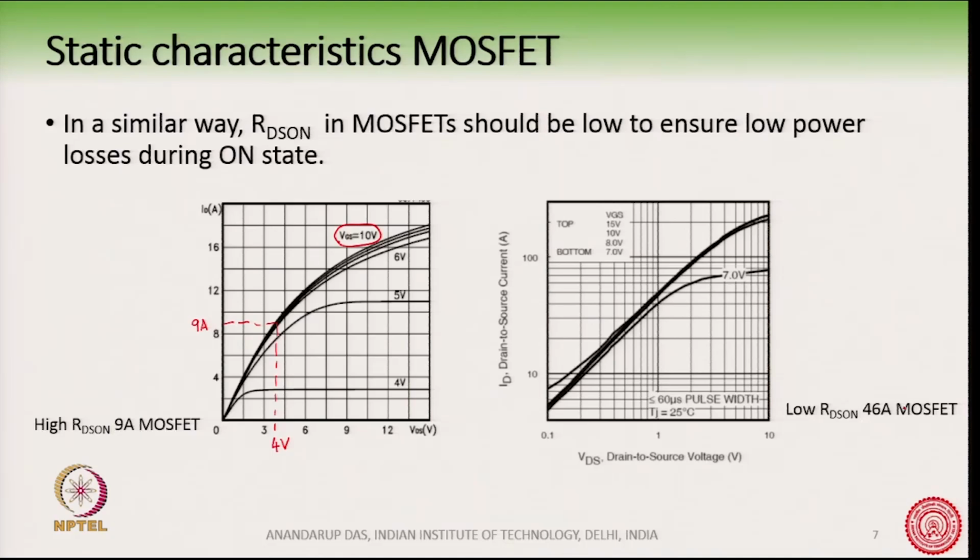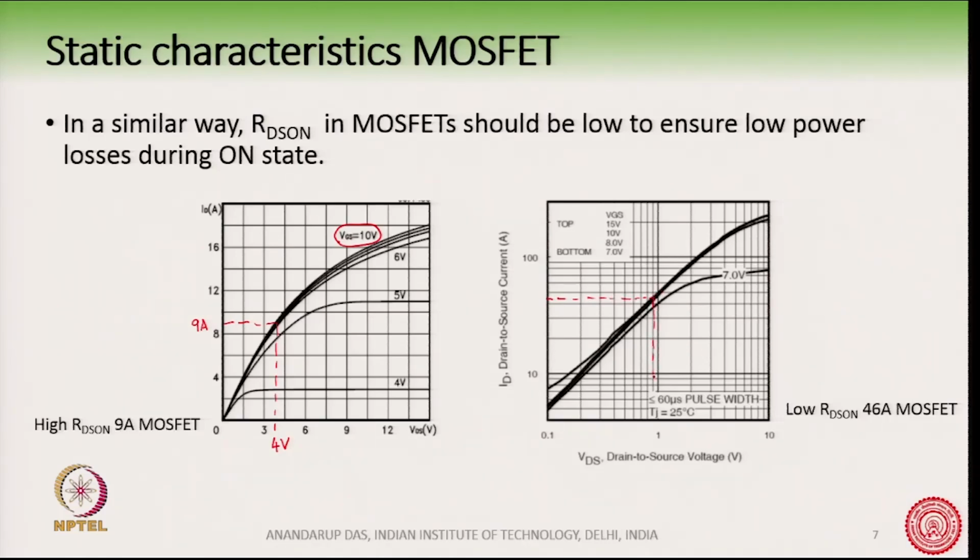Now, for this 46 ampere MOSFET, you can see here that suppose again I take a VGS of 10 volt. So, it will be on this curve here. You can see that for the rated current of say 46 ampere, so 20, 30, 40, we are somewhere here.